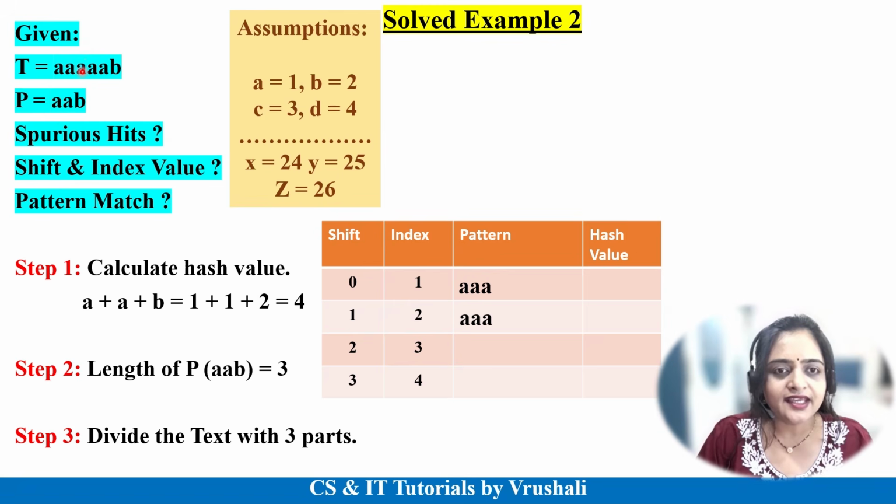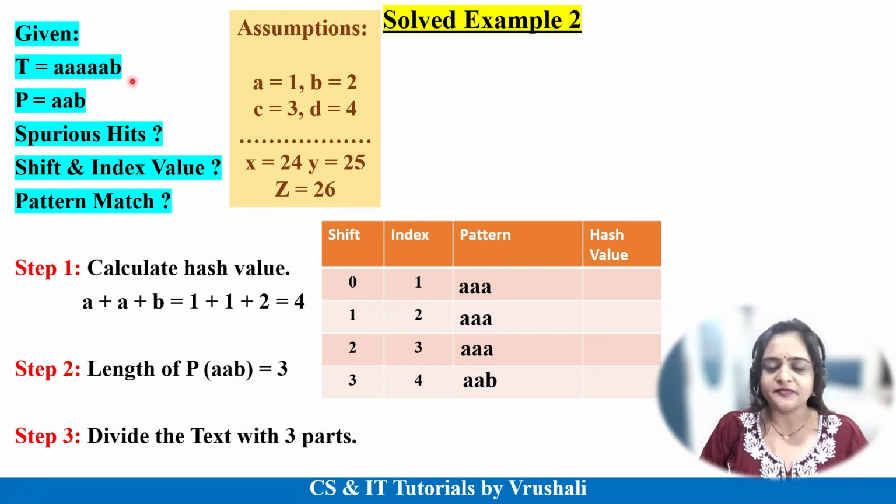So again A and A. Now the third character again A, and the last one is A and B. Clear? In this way you have to divide this text into parts of 3. So just keep the first letter and write down the remaining letters as they are. Next time skip the first 2 characters and write down the remaining characters as they are.